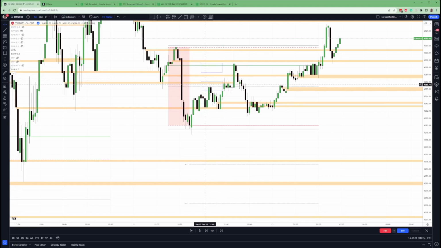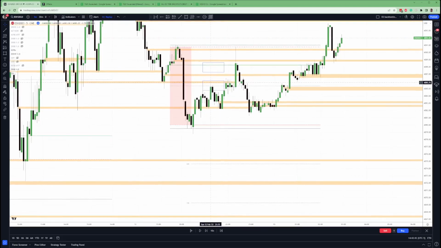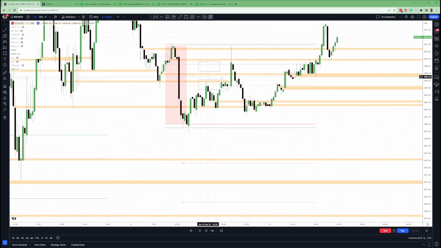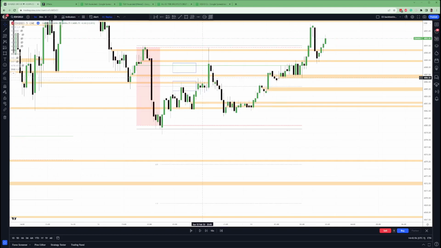The other one was a rejection, so that's when a candle comes into this specific area and has the inability to close above a certain important area. We would see that as price exhaustion and then expect it to reverse. And the other one is based on the fact that we know that price is going to reverse there, so we would just enter a trade because it's our high probability area.